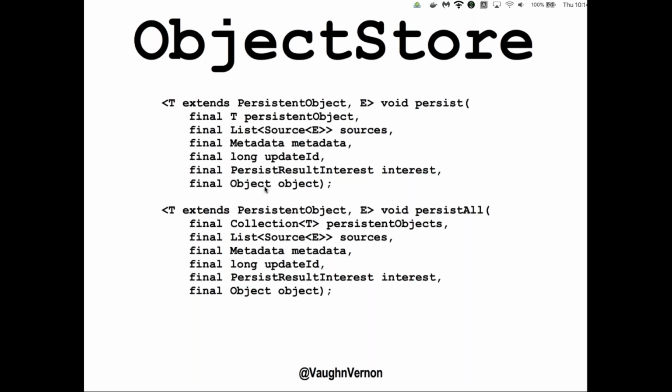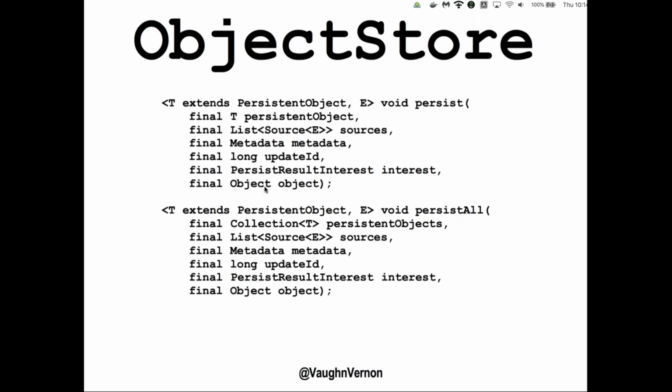Now, I want to just mention that the single persistent object persist method works in the way that you would use typically for a DDD aggregate. If you are not using the aggregate pattern, then you could persist multiple objects simultaneously, but for a DDD aggregate, you're encouraged to use just a single persistent object in a single transaction, along with any domain events, for example, that it may support.